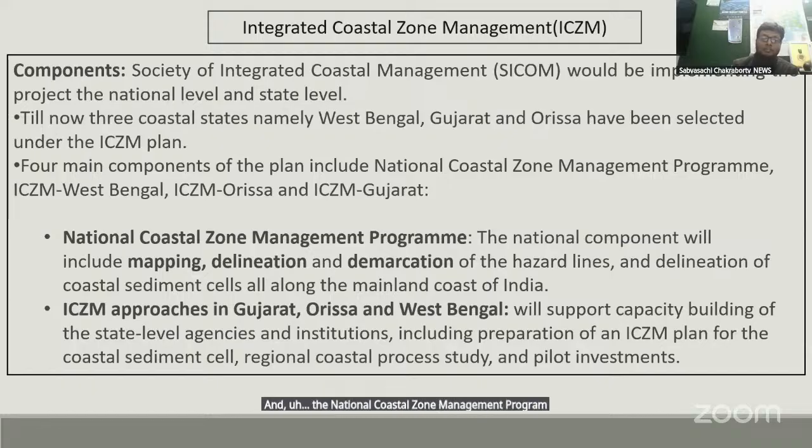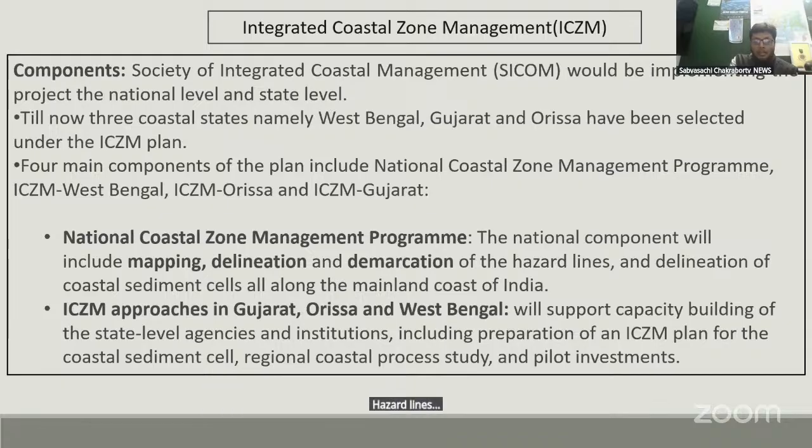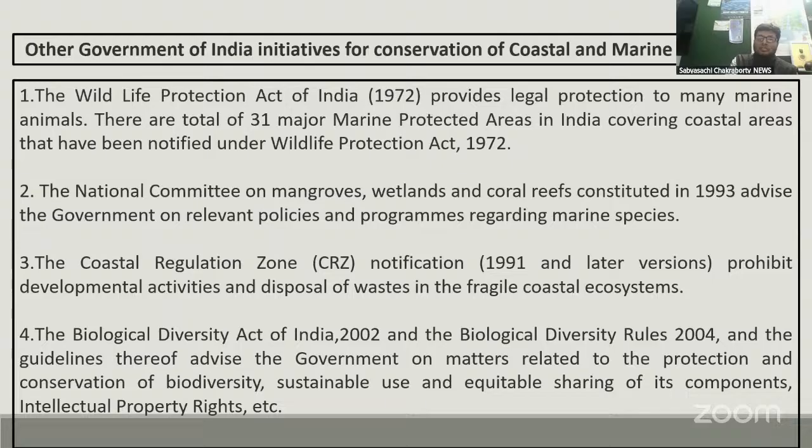They include the mapping, delineation, and demarcation of the hazard lines, and they support the capacity building of state level agencies and institutions, and other government Indian initiatives for conservation of coastal and marine resources.